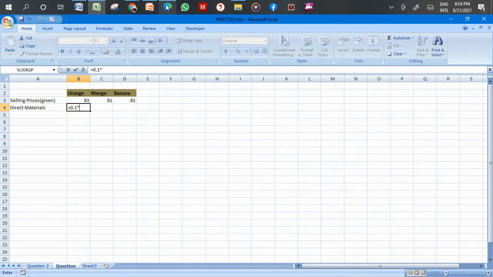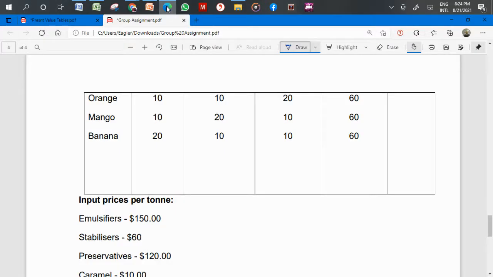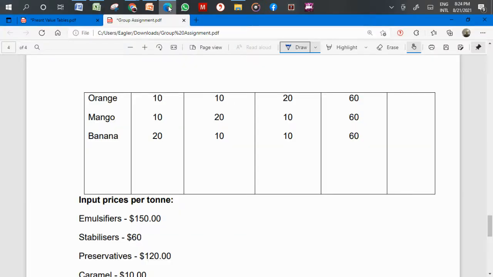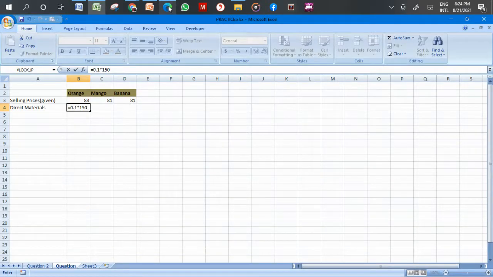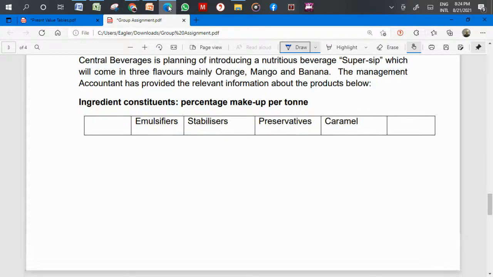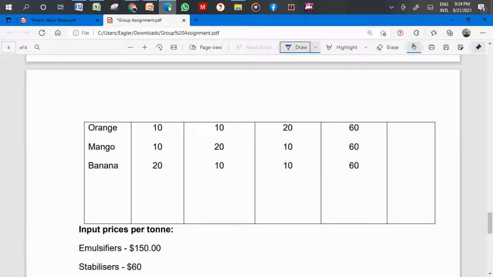So 0.1 multiplied by 150, because emulsifiers is costing 150. Let me just put 10% here so that it shows what I'm doing. 10% of 150. Then plus again is 10% of what? Of stabilizers. Is it stabilizers? Yes, stabilizers.